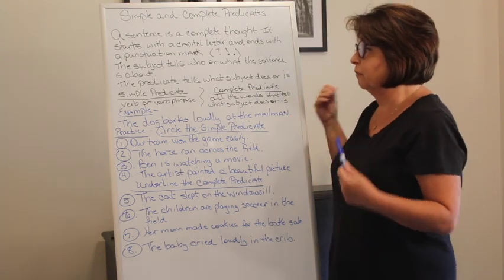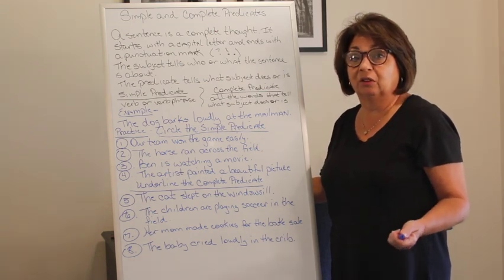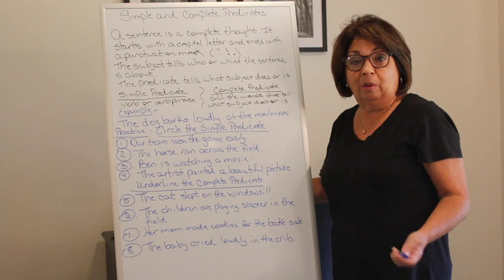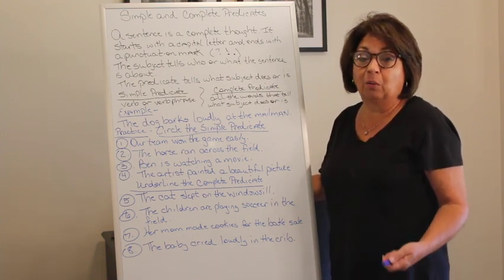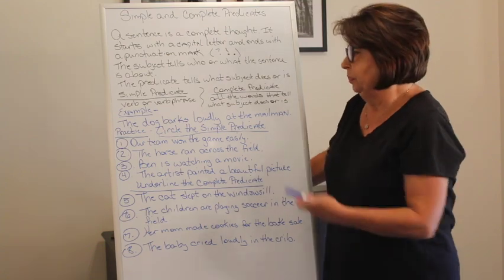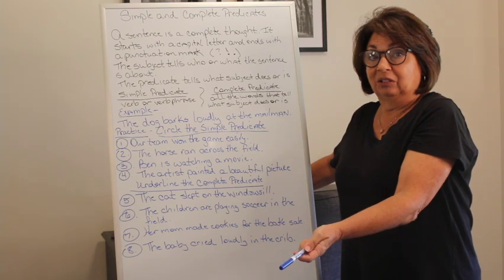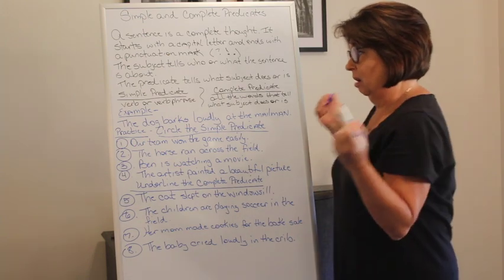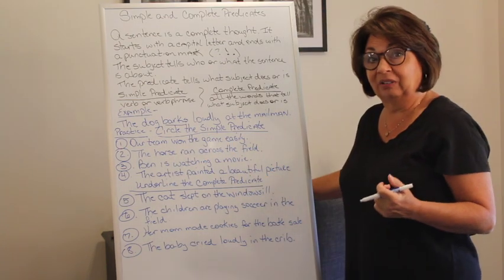Now, when we're looking for the predicate of the sentence, the first thing we have to find is the verb or the verb phrase. Remember, the verb is the action. It can also be a being verb like was or were. So in this sentence, what is the action that's being done? All right, if you said barks, that would be correct. So that's the verb in the sentence.